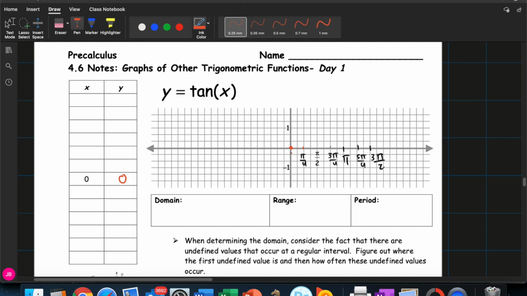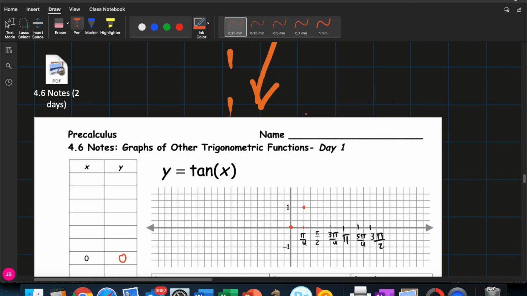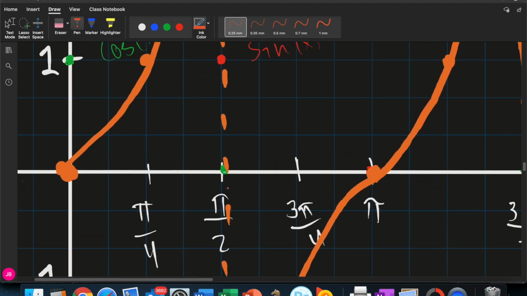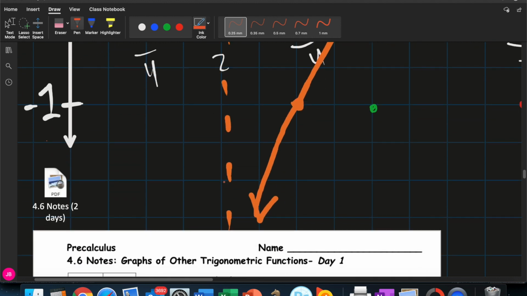Okay, so at pi over 4, what did we have on our graph? Both sine and cosine were equal to each other, so we had what? 1. And then at pi over 2, what did we have? If you look back, it was an asymptote, right?